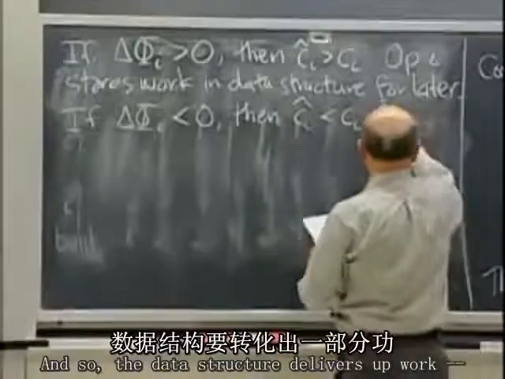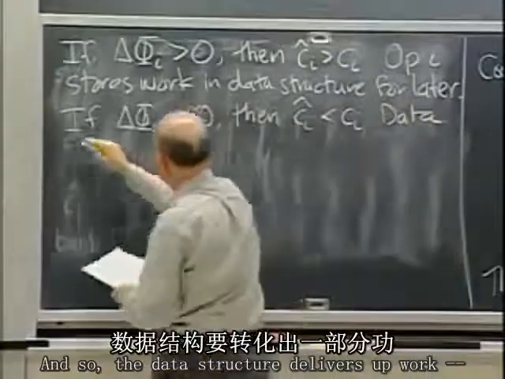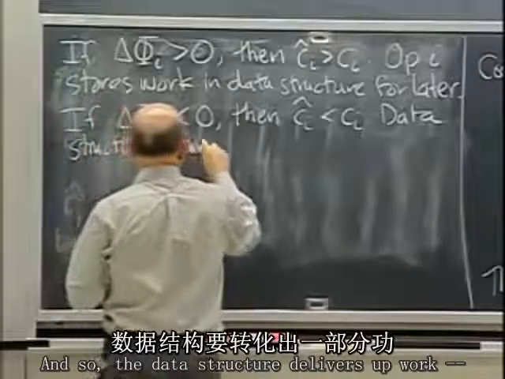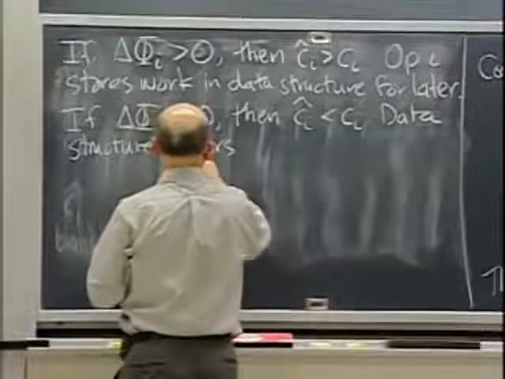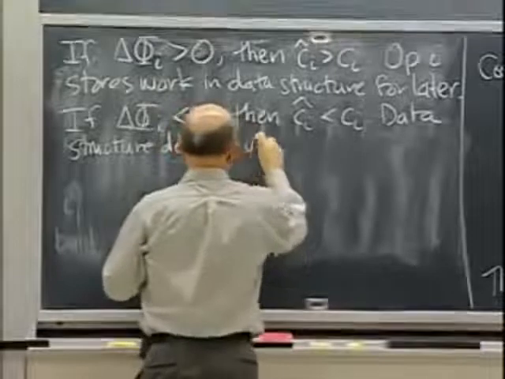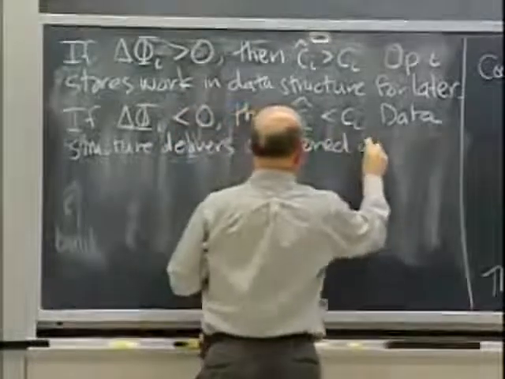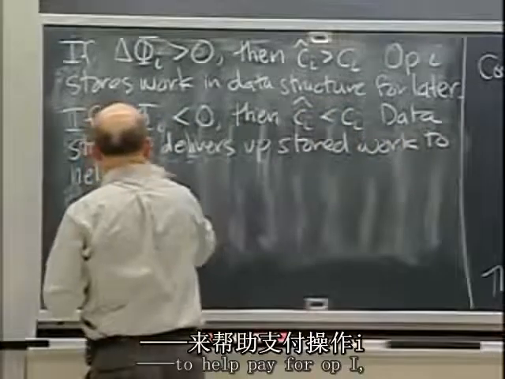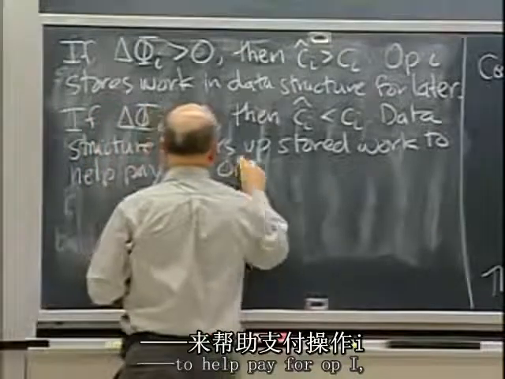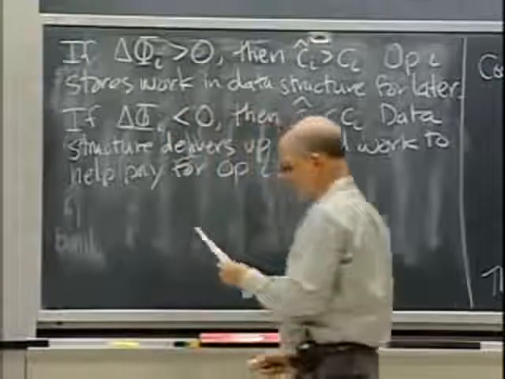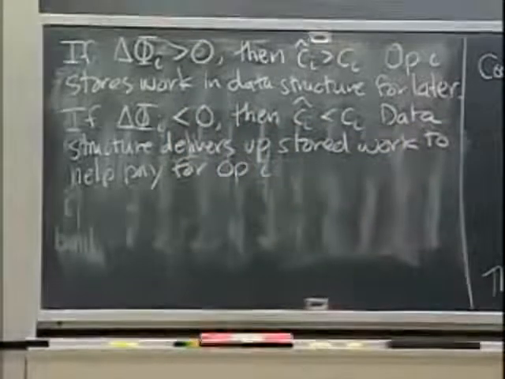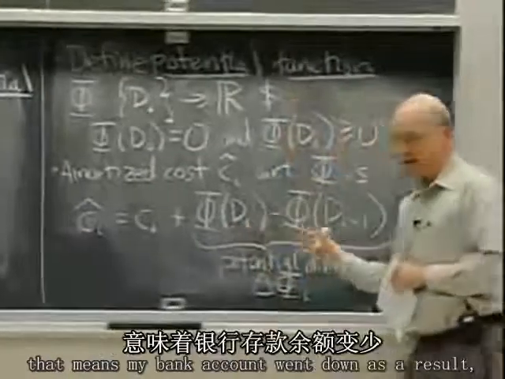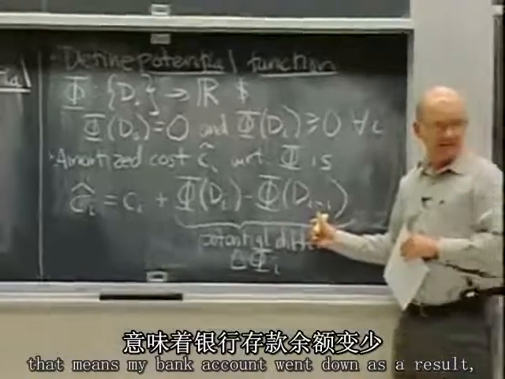And so the data structure delivers up work to help pay for op I. Okay, for operation I. So if it's less than 0, that means my bank account went down as a result.